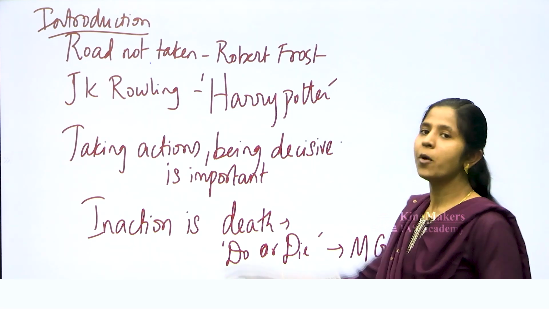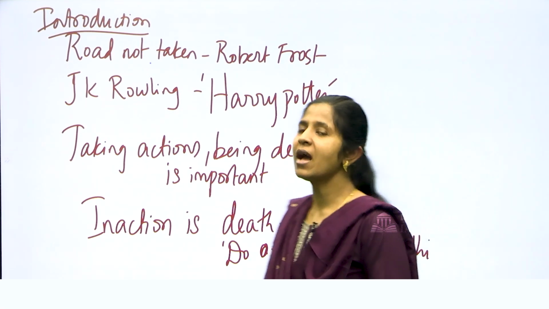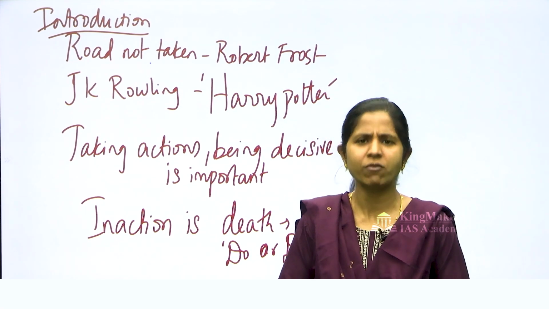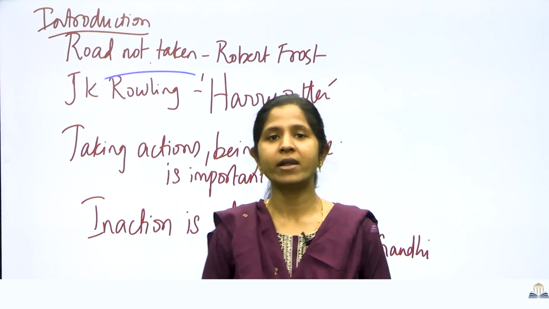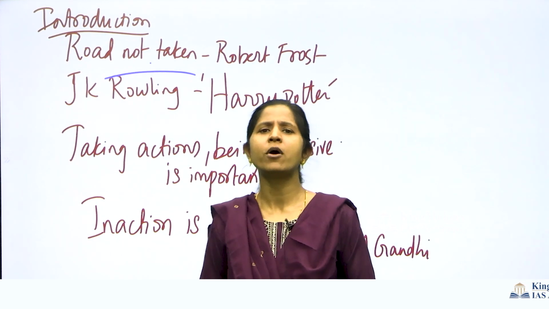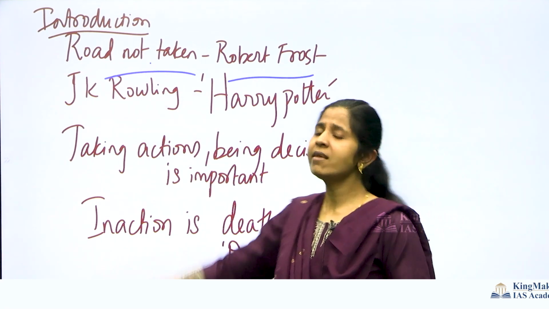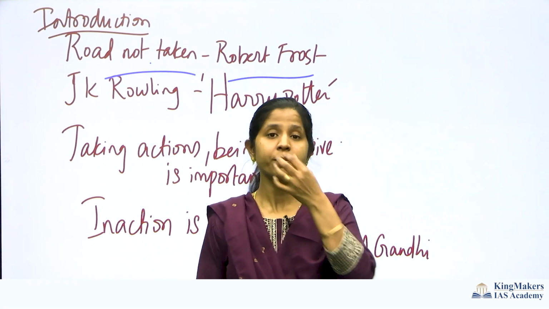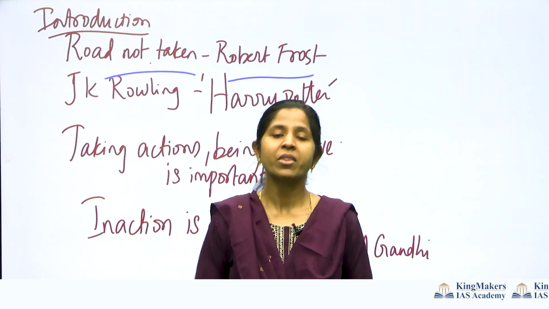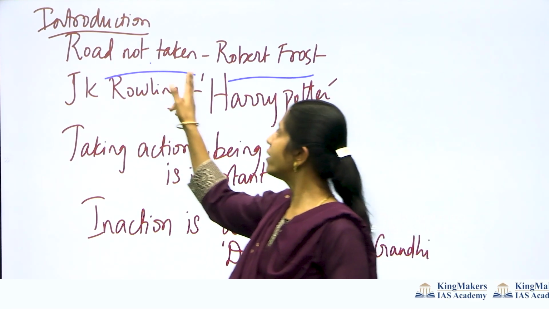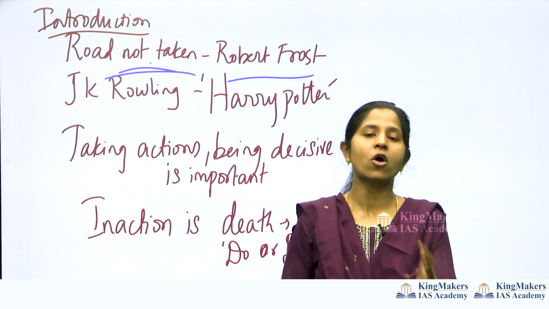So let's talk about the introduction. In the introduction, I was thinking most of the people would have brought this particular introduction, I hope, because The Road Not Taken is a very, very beautiful poem by Robert Frost. He says that he wanted to be an author, or a writer, or a poet. So this is a road not taken. Usually everybody went into being a doctor or engineer.